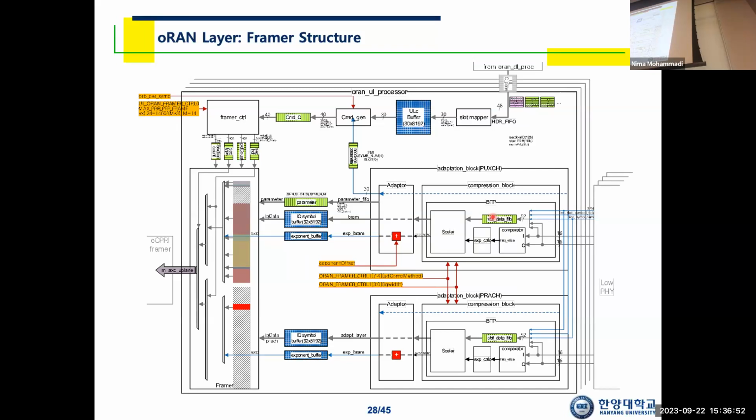Then you append the eCPRI header. It becomes an eCPRI packet. Then you finally append the physical layer Ethernet header to specify the address of this virtualized local area network. Then you cast this physical layer packet to the receiver. In case of downlink, the receiver will be ORU.